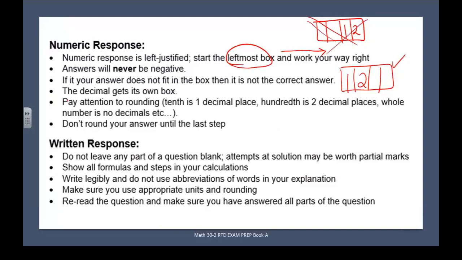The decimal gets its own box. That's really important. The decimal gets its own box, and answers will never be negative, so you can't put a negative in there. And the last one, I don't have it written down here, but the answer will always fit in the box.